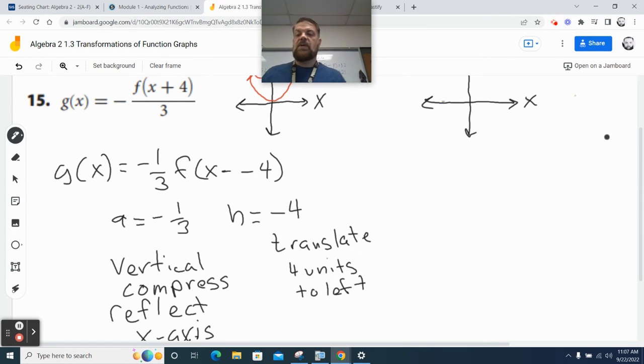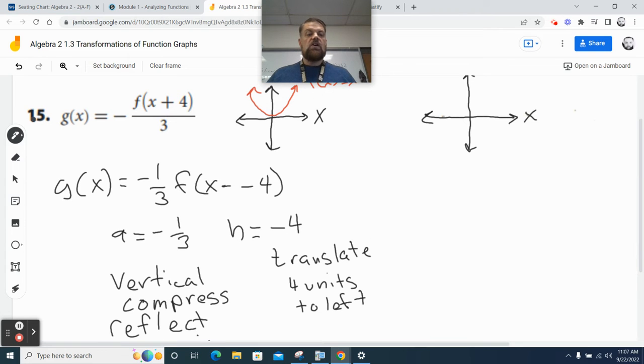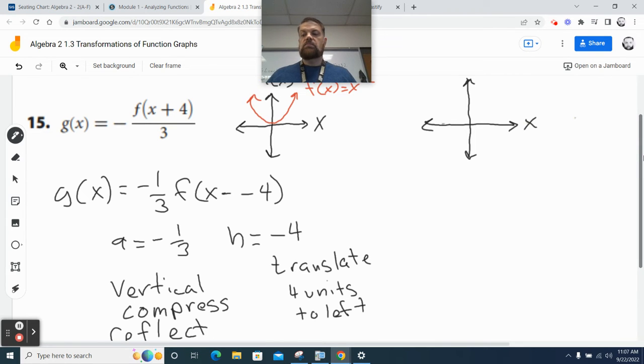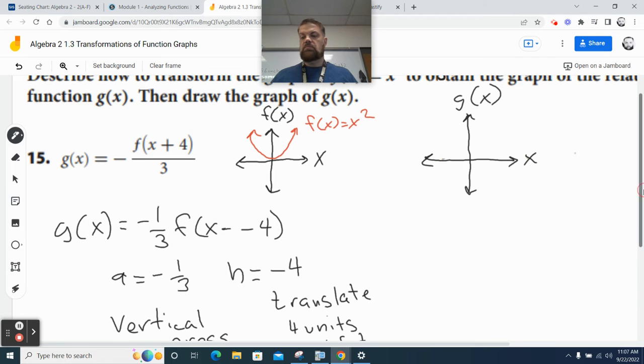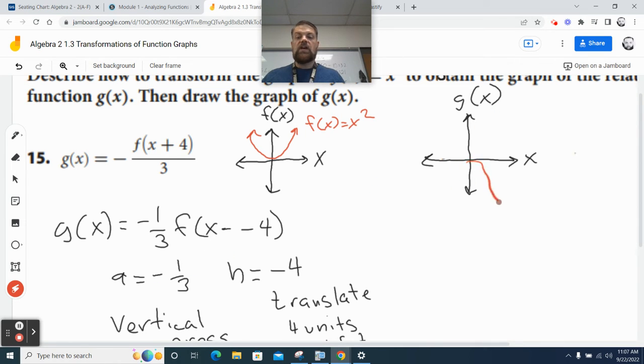All right, so let's think about that. So the vertex, I'm dealing with some stuff here. In my mind, I'm thinking, okay, the original parent function looks like this. But the first thing I'm going to do is flip it, right? And then I'm going to move it 4 units to the left.